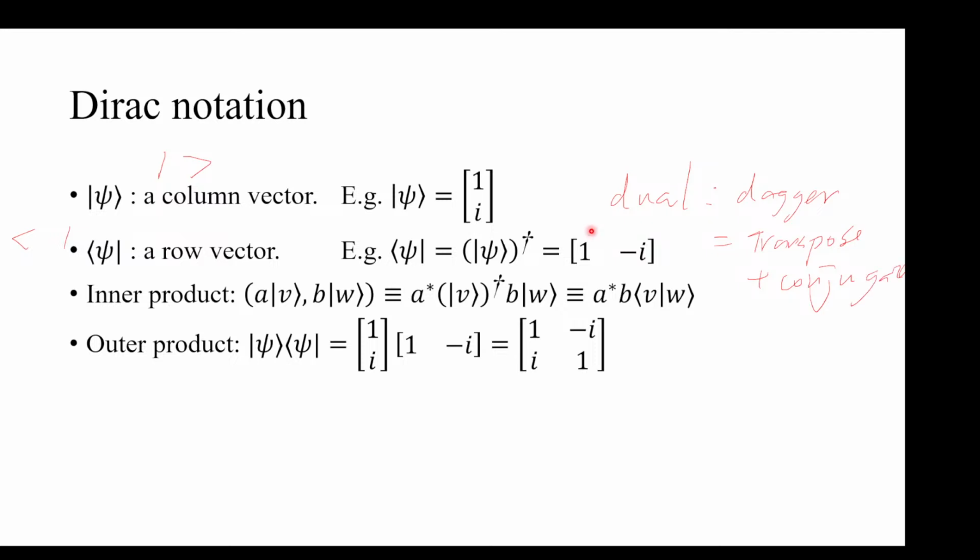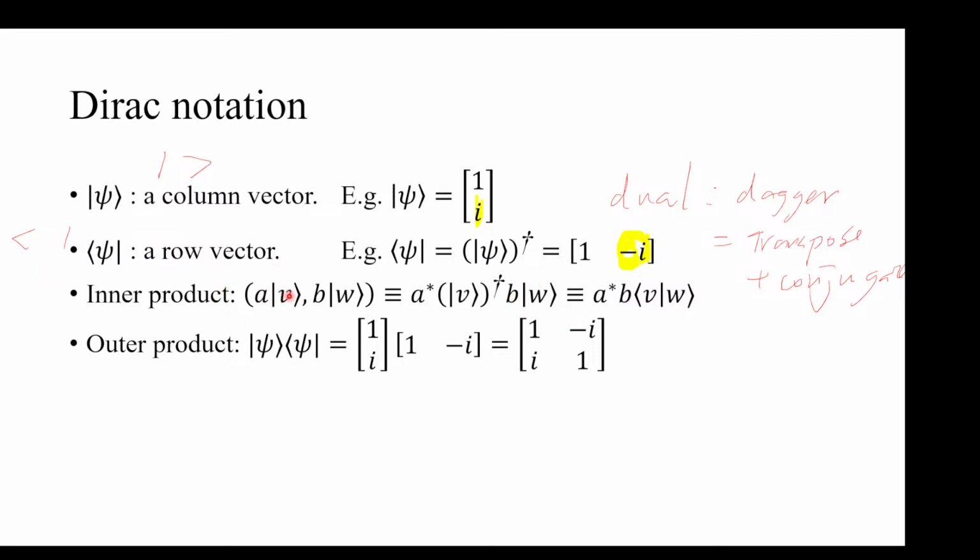So what happens is you flip this (1, i) in a column to (1, i) in a row, and then you do complex conjugation, so this i becomes minus i. The important thing is that i becomes minus i. This is the dual operation, you do dagger. And then the inner product between two vectors, say a|v> and b|w>: you put a dual on the first vector and do matrix multiplication between those two.